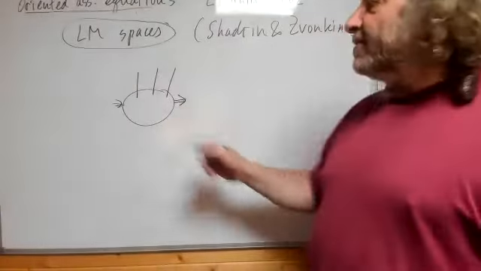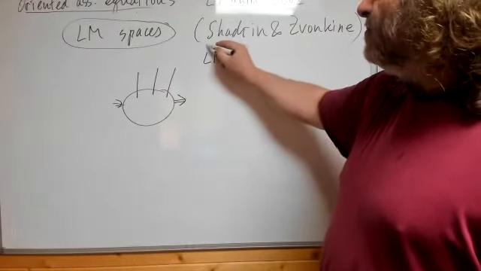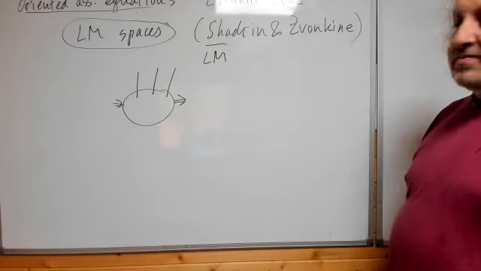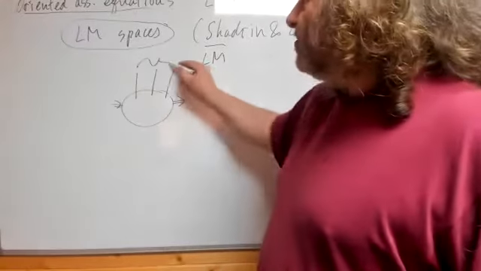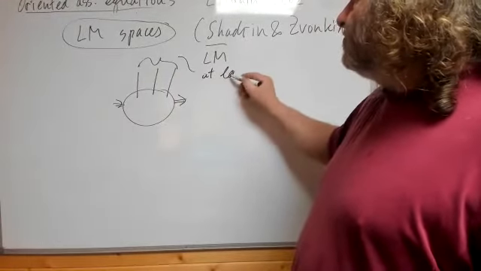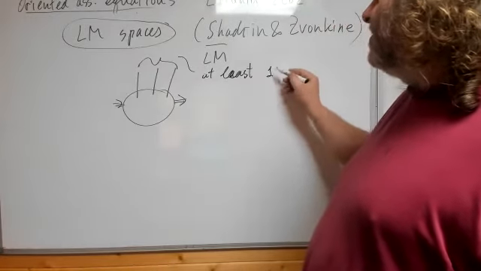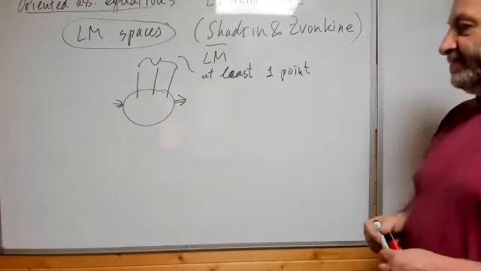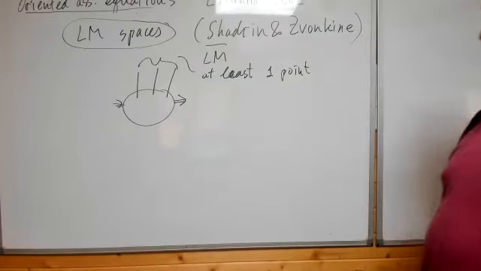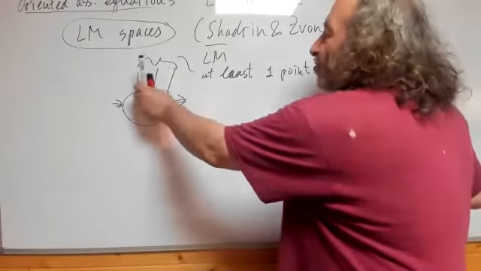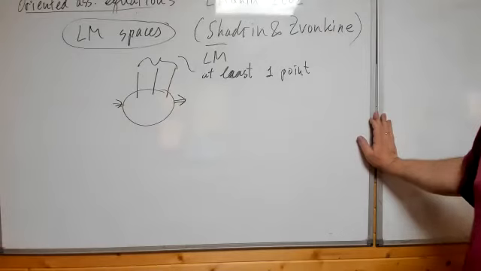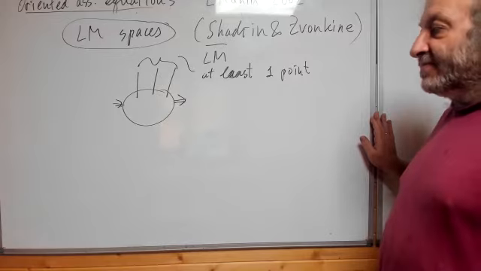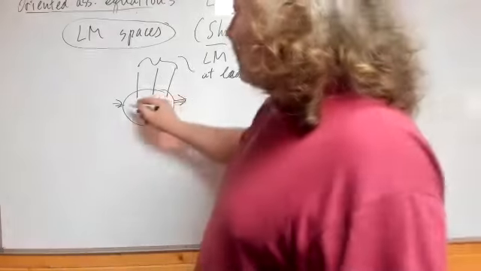You consider such space. So here we have, of course, at least one point. So these are LM spaces. These points could collide. Still, we have 2 points.